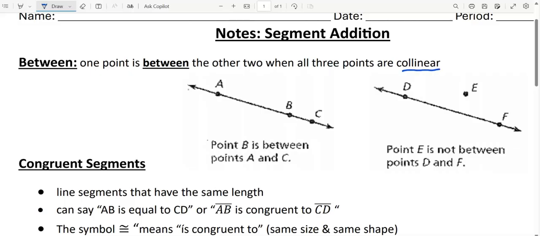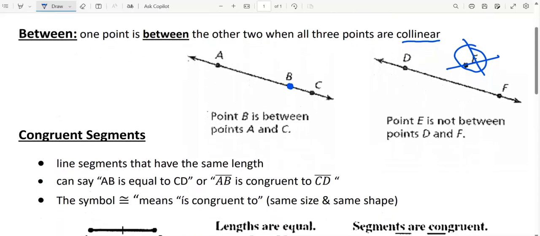So here's an example. Do you see how this point B is in between A and C because it's on the line? That's between. Over here, E is not on the line. That is not between. Okay, see the difference? Pretty basic. Just want to make sure we know that. Between is on the line.